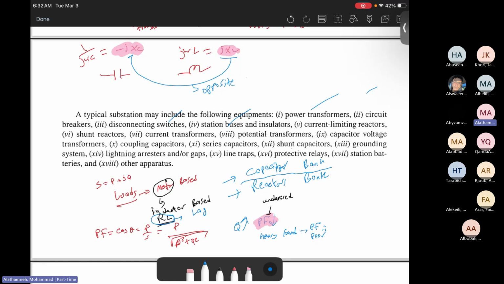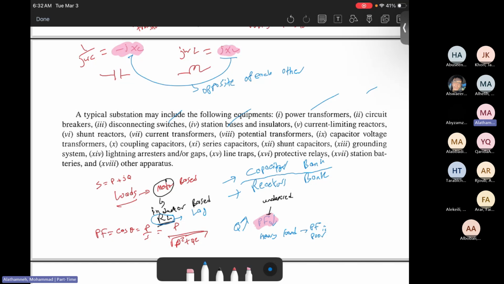Therefore, in order to cancel the inductance effects, we need to add a capacitor. And that's what's happening in real life applications, especially at high voltage levels.